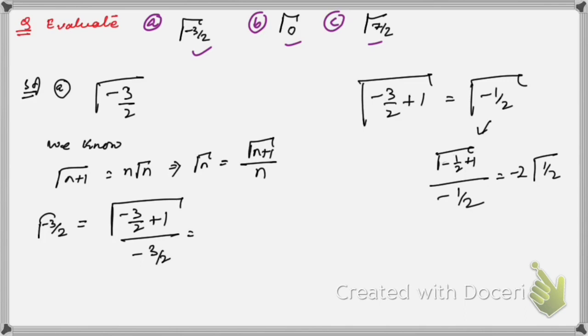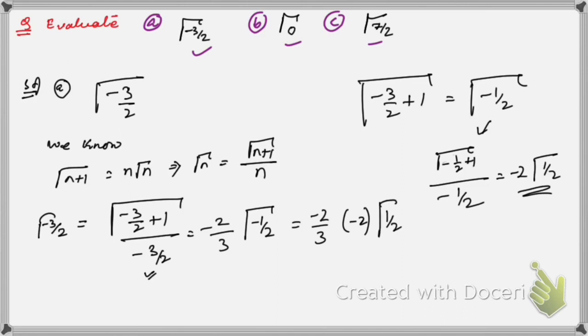So then what we can write here: this gamma of minus 3 by 2 will be minus 2 by 3 times gamma of minus 1 by 2, and then this gamma of minus 1 by 2 can be replaced by this, which is minus 2 gamma half, right?